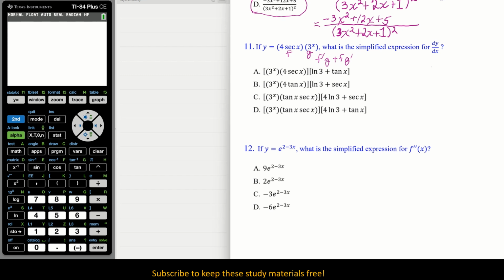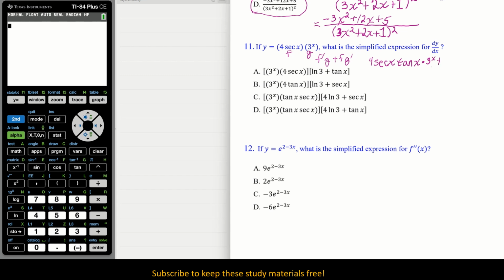So this is what we should have to begin with. We should have 4 secant x tangent of x. Now that's just F prime. Okay, now we need G. And G is simply that 3 to the x power.